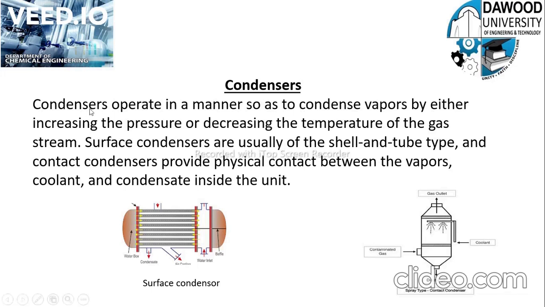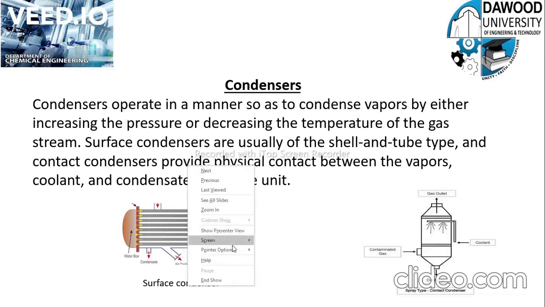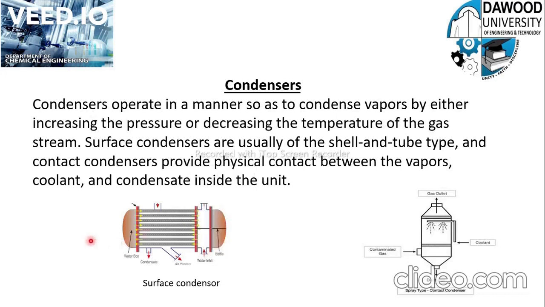Now here in the surface condenser, as the air passes through this condenser, a coolant is introduced into the condenser, and the vapors of the unwanted gases start to condense on these metal tubes while the coolant is introduced inside the metal tubes.